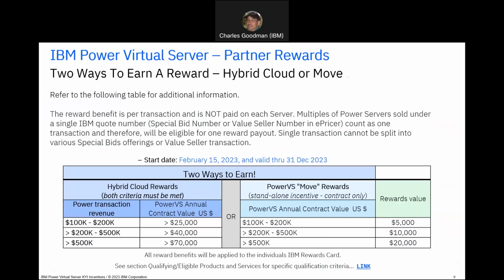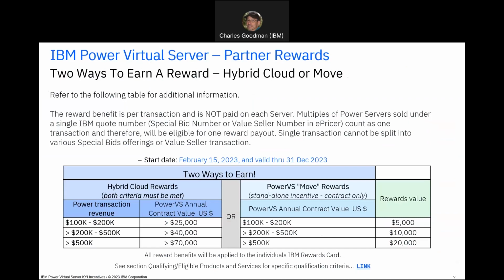Let me talk about the hybrid cloud rewards on the left. What this is saying is if you have a Power on-prem transaction of between $100,000 and $200,000, and you have a Power VS annual contract of $25,000 or more, you will qualify for a $5,000 reward card.